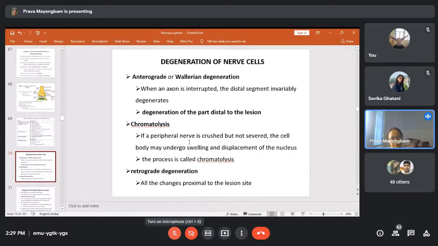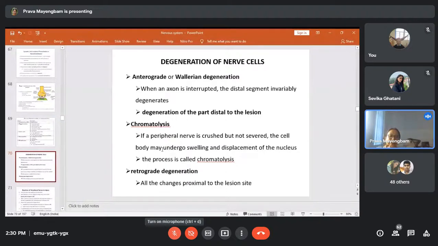If a peripheral nerve, okay, here we are talking about a peripheral nerve, not the central nerve, is crushed but not severe, you understand? Severe means complete injury, okay? Crushed means to some extent it is crushed. Some injury is there.